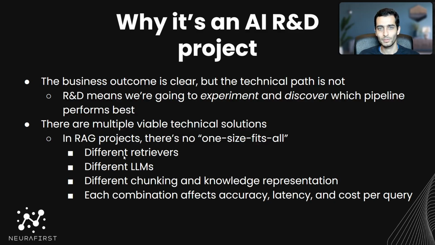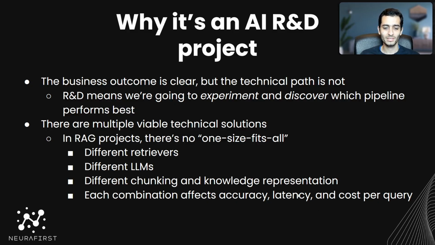We can have multiple retrievers, different LLMs like ChatGPT, Gemini, some open source ones, right? We also have different chunking strategies and knowledge representation. And all of those things here, they affect the accuracy, the latency, and the cost per query.